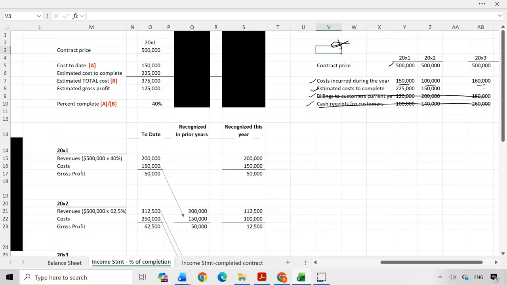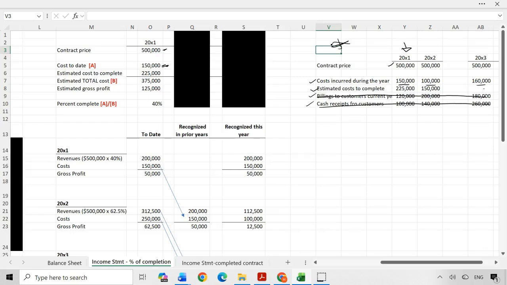So let's just dive back into our example and see how we calculate that. The contract price is $500,000. The problem tells us the cost we have to date is $150,000 in year one. So right now we're going to go through 20x1, and the cost incurred for 20x1 is $150,000, which is the total cost to date, year one.